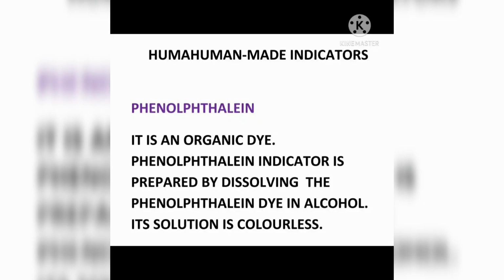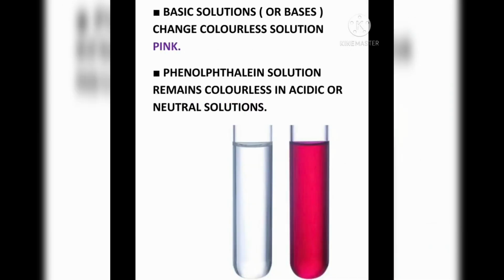Phenolphthalein is an organic dye. Phenolphthalein indicator is prepared by dissolving the phenolphthalein dye in alcohol. Its solution is colorless and it is a human-made indicator. Basic solutions or bases change colorless phenolphthalein solution pink. Phenolphthalein solution remains colorless in acidic or neutral solution.